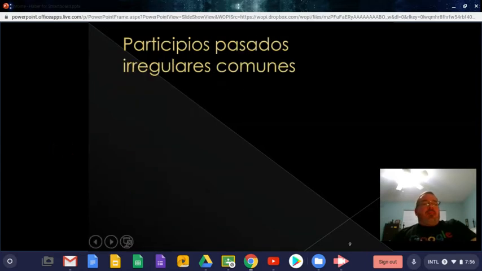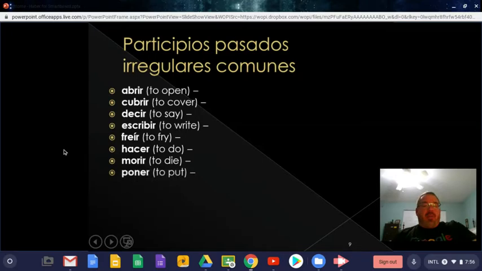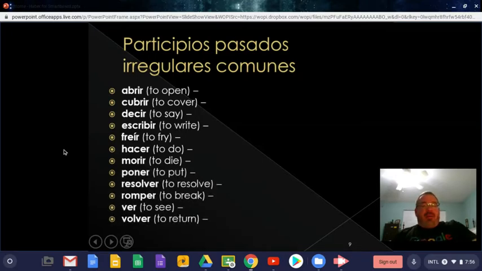Now that you know how to do all of the past participles, let's talk about some irregular forms of a past participle. Here are a whole bunch. We have abrir, cubrir, decir, escribir, freír, hacer, morir, poner, resolver, romper, ver, volver. So these you can't just drop the ending and add ido.